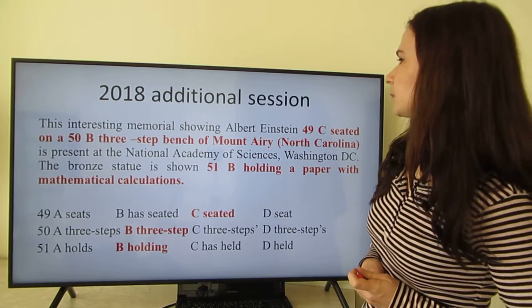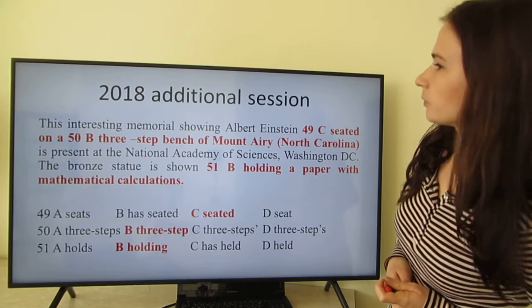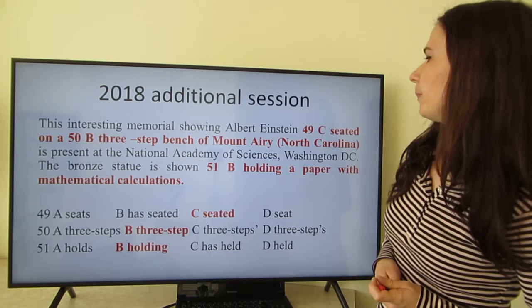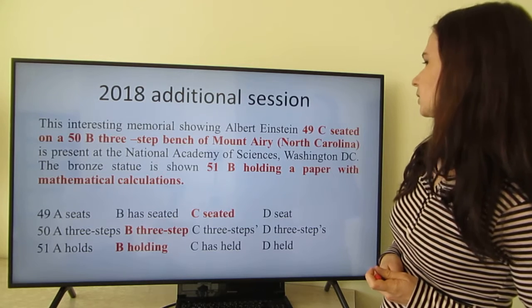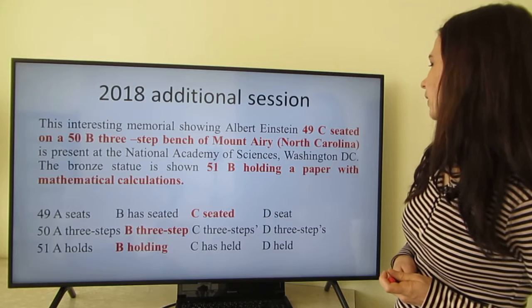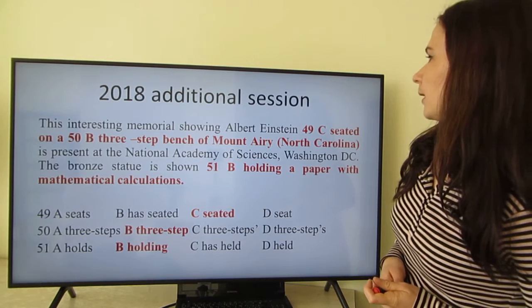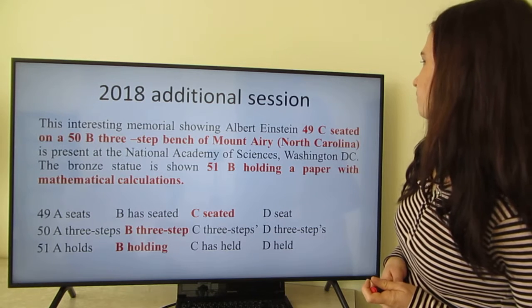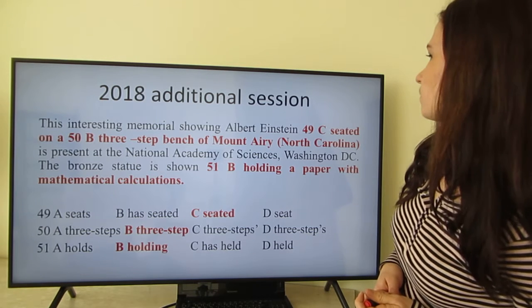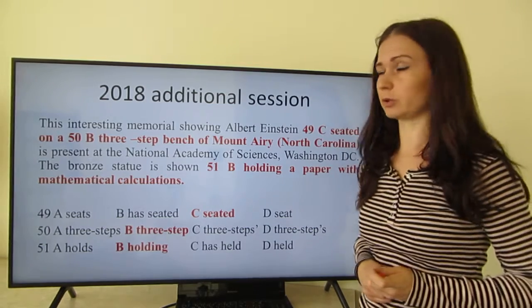This interesting memorial showing Albert Einstein seated on a 3-step bench of Mount Airy, North Carolina, is present at the National Academy of Sciences, Washington, D.C. Okay. Actually, we have a couple of participle clauses here.